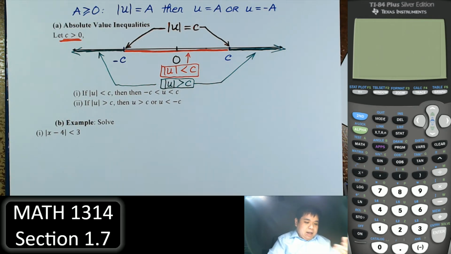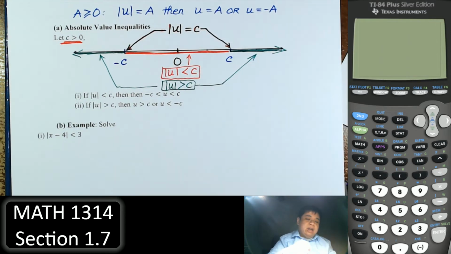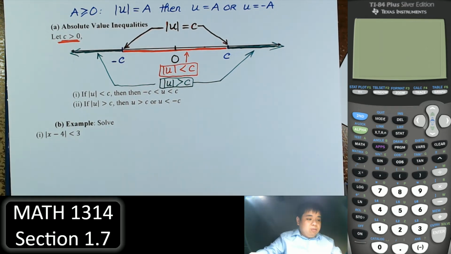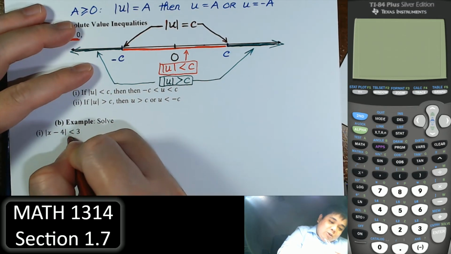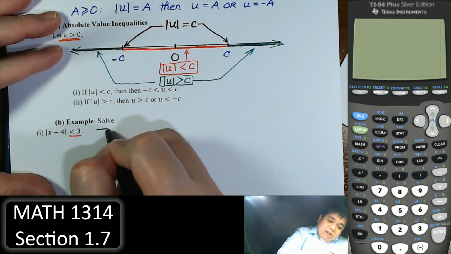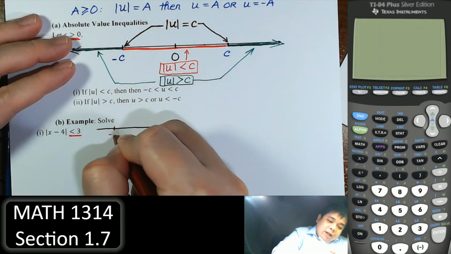Right, now let's look at this problem. When we solve this problem, just try to isolate the absolute value first, and then we have these 2 scenarios. Here we have the absolute value already, and it's less than 3. Remember, this one is less than 3, so that means it has to be between negative 3 and 3.